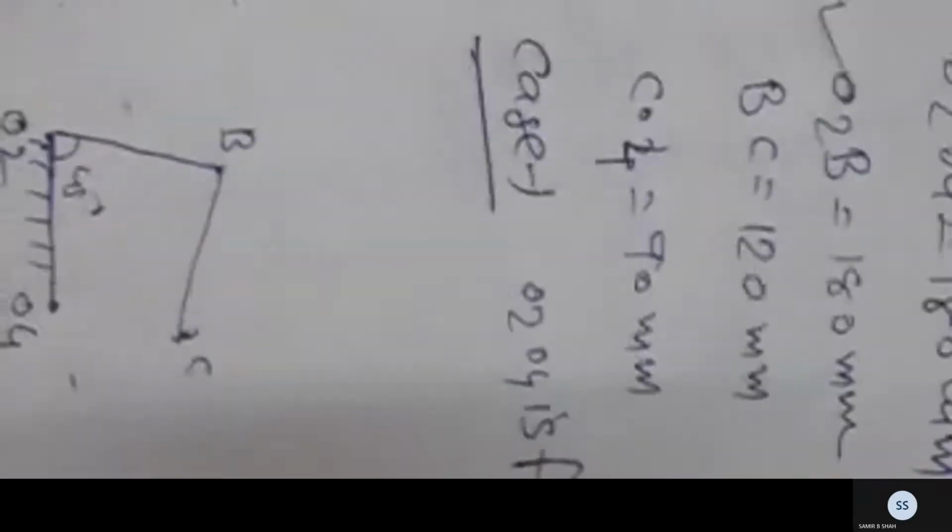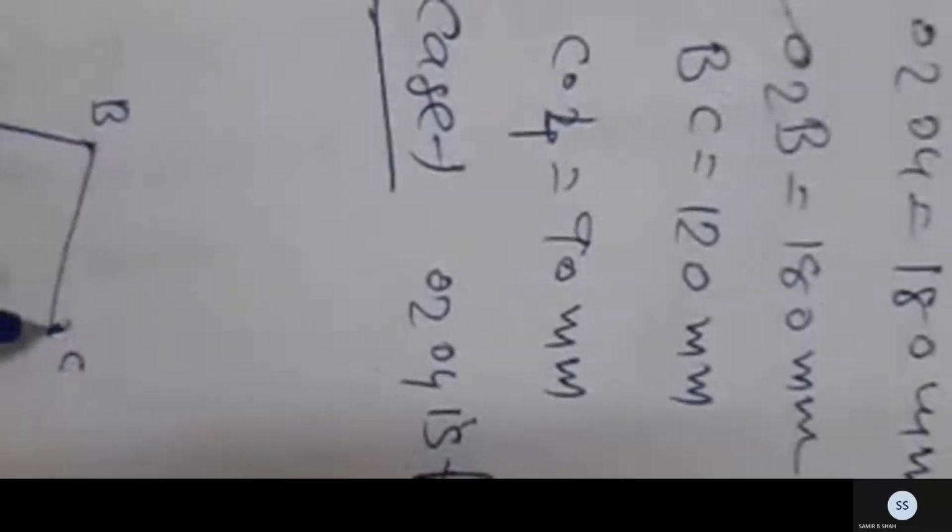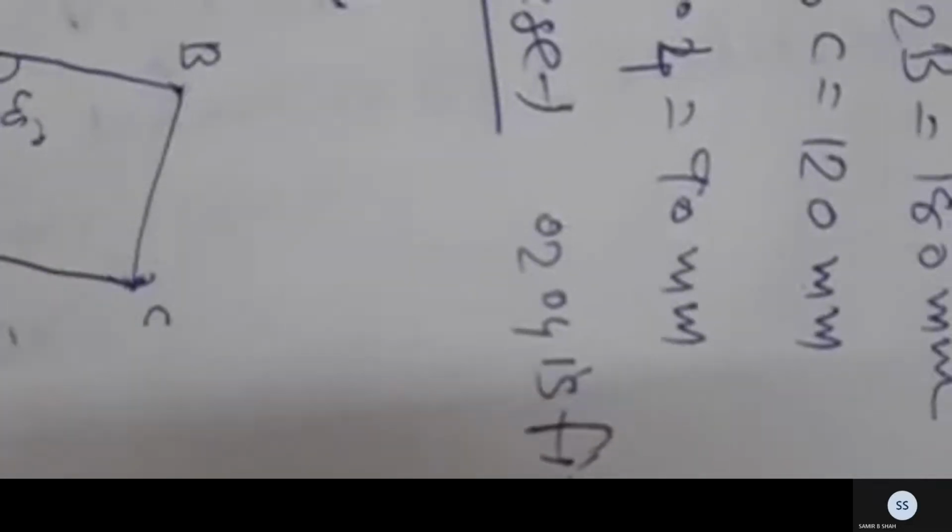CO4 is 90 mm. So we generate the first closed link for case 1. Now we have to find the input and output.